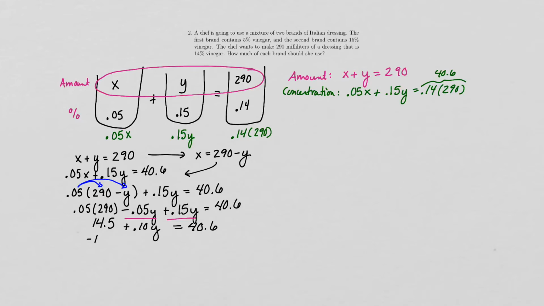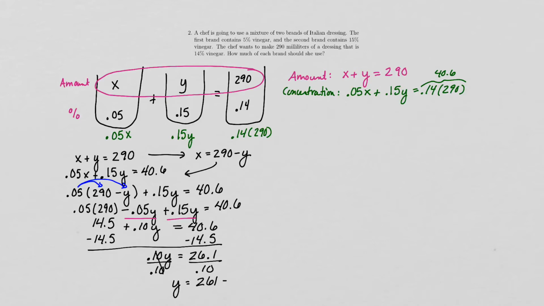I'm trying to solve for y, so I'm going to subtract 14.5 from each side. So we're going to get 0.10y equals, so if we take 40.6 minus 14.5, we end up with 26.1. And then we divide both sides by 0.10. And y is going to be, so 26.1 divided by 0.10 is 261.